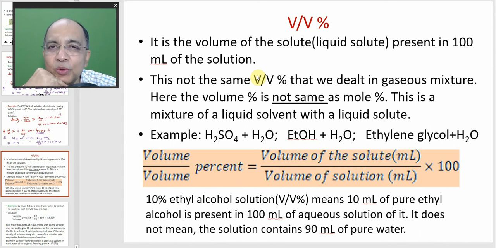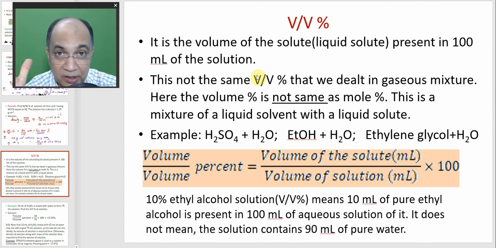Let me tell you one little thought-provoking thing at this time, because those things will be discussed in greater detail later in your solutions chapter, colligative properties chapter, ideal solution and non-ideal solution chapters, not now.